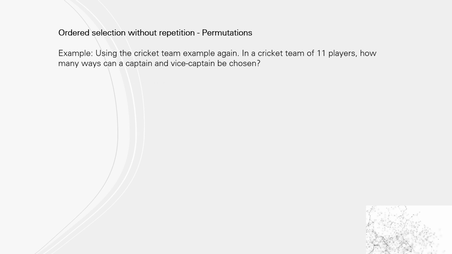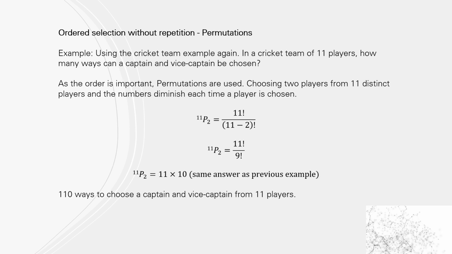Using our cricket team example again, we had 11 players and we wanted the captain and vice-captain. So n was the number of distinct objects, 11 in this case, and we want to pick 2 from that. The order is important because the captain is the first position to choose, and the vice-captain is the second position.